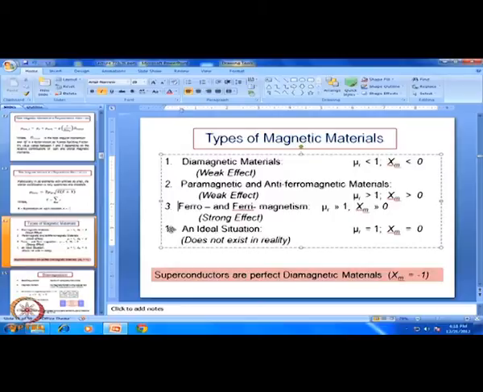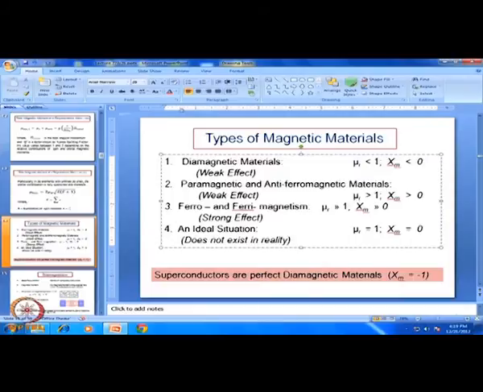And then this should be 4. Right. Sorry, there are some problem of serial numbers.